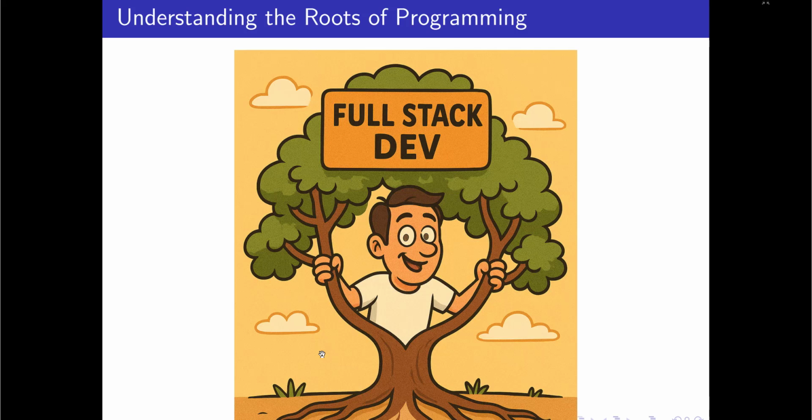So, why does this matter? Now you might ask, why should I know all this before learning Python or any other programming language? Because knowing how programming evolved, how code gets translated, and what the layers of development are helps you become a better and more confident programmer. You won't just write code, you will understand what's happening under the hood.